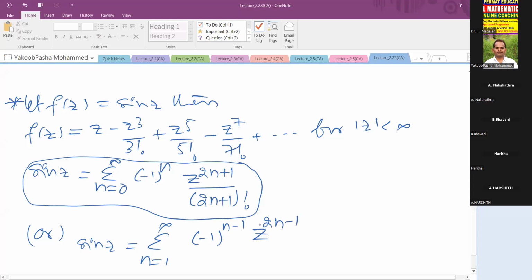Another form of odd number is 2n minus 1. Of course, 2n plus 1 is also an odd number. Here, the denominator is 2n minus 1 factorial. This is another summation notation for sin z for modulus of z less than infinity. Here also for modulus of z less than infinity.